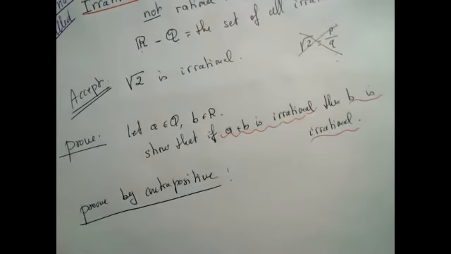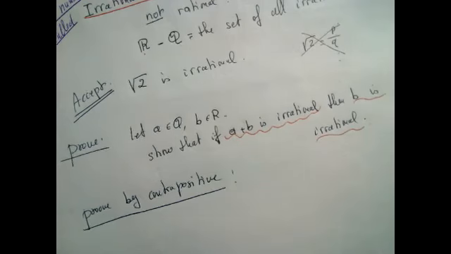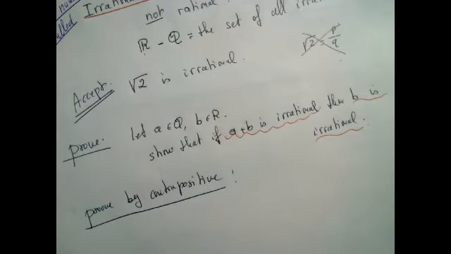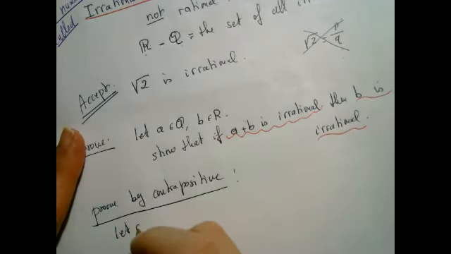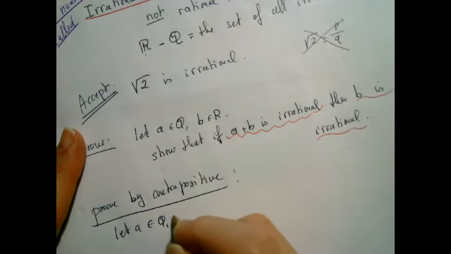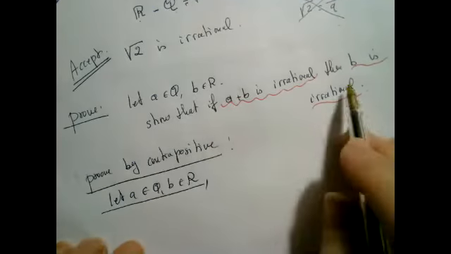Again, because we prove by contrapositive, we have to rewrite the statement that we have to prove. So let A be in Q. As I change my statement, we don't touch the domain. This is the domain of my variable. That's not the part we touch. It's the statement itself.